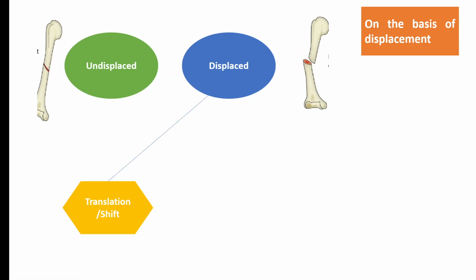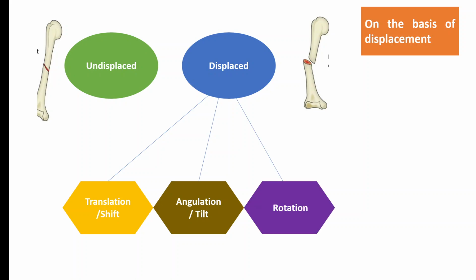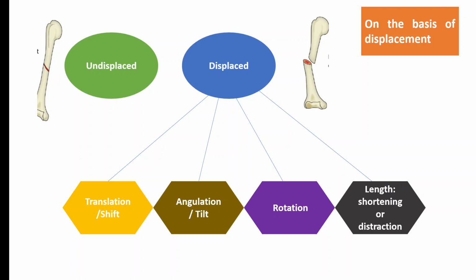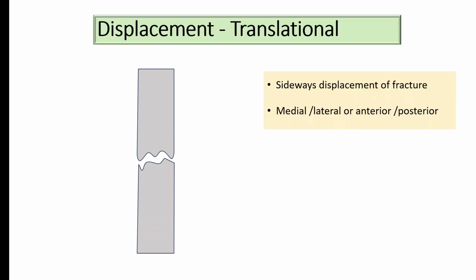On the basis of displacement, the displacement could be translation or shift, it could be angulation or tilt, it could be a rotation, or it could be a change in length, that is shortening or distraction. So, translational displacement is a sideways displacement of fracture, and sideways displacement can occur in two planes, the coronal plane or the sagittal plane.